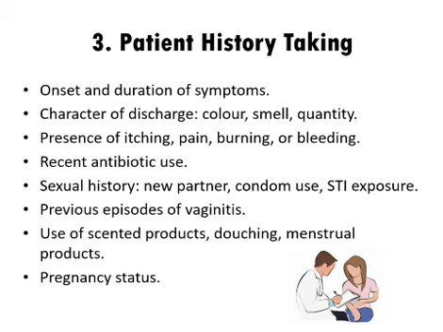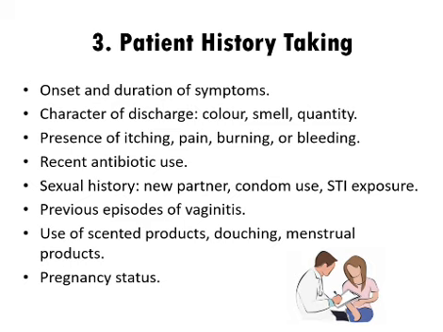Second, we can ask the patient the discharge color, smell and amount. Followed by we can ask them about the presence of itching, pain, burning sensation or bleeding. Then we need to know whether the patient is on an antibiotic course or not.